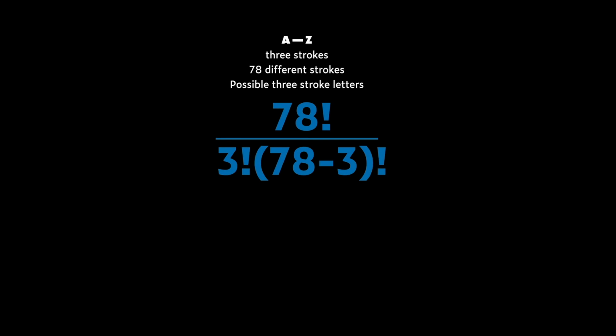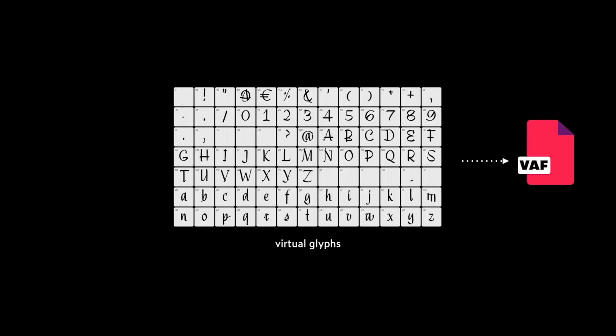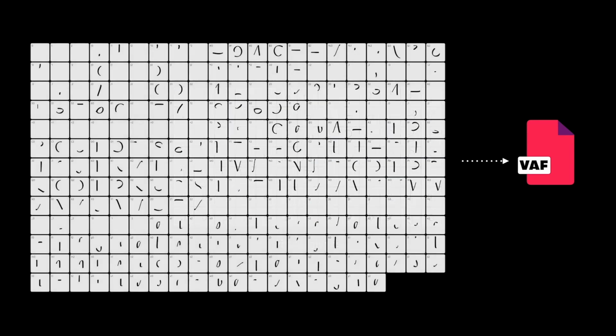This already makes more than 76,000 glyphs just out of the strokes you designed and defined for uppercase A till Z. If B would be a static font with static glyphs instead of virtual glyphs, then probably we would end up with a font which has these 76,000 glyphs just for A to Z. That's not what we want.